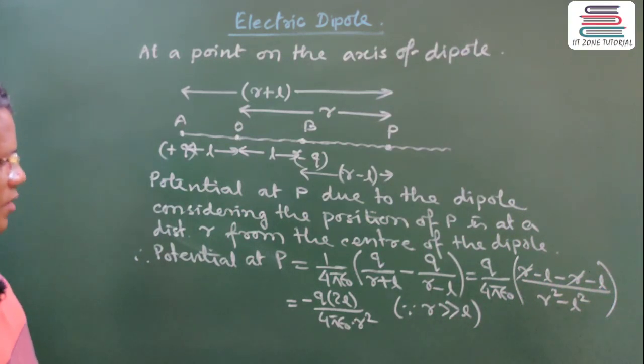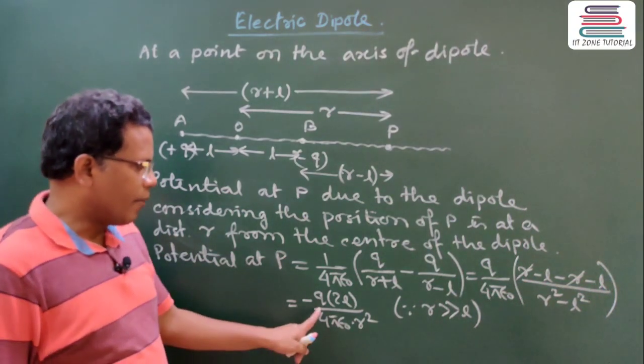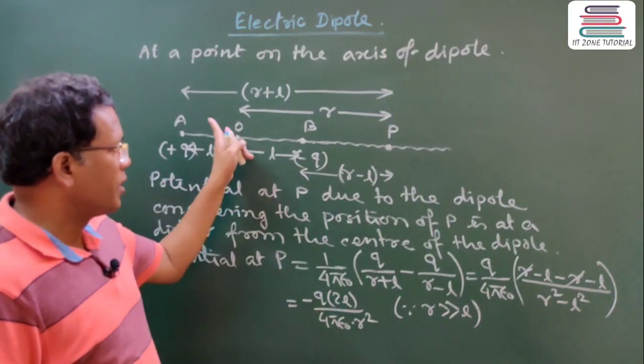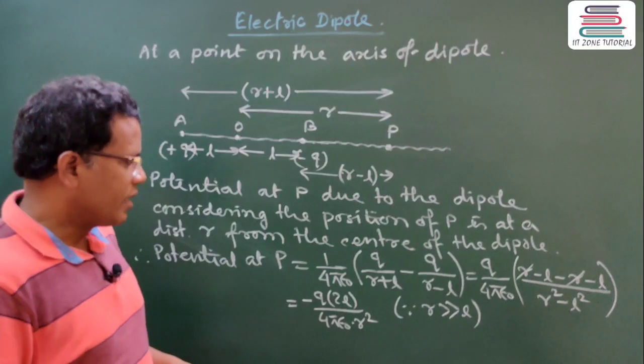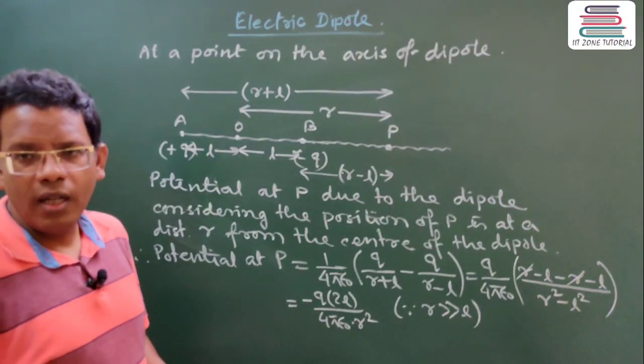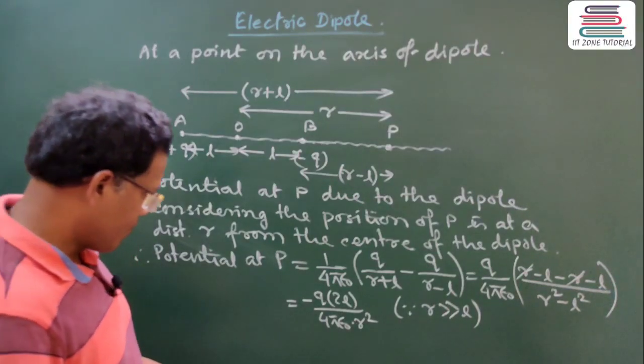Out of which the magnitude of the charge into the distance of separation between the plus Q and minus Q is called the dipole moment.